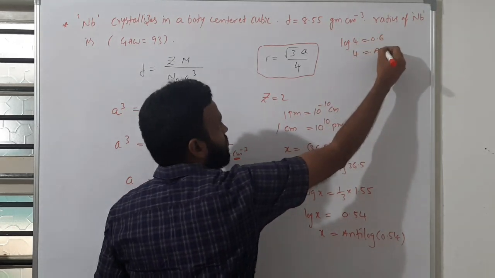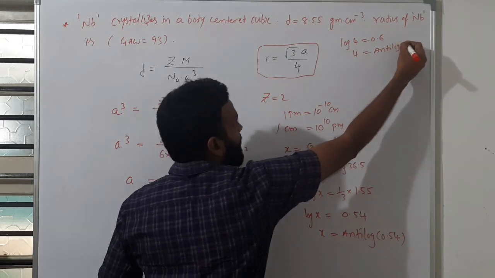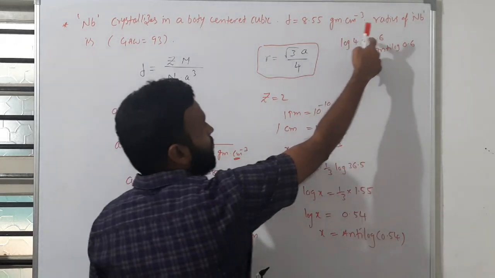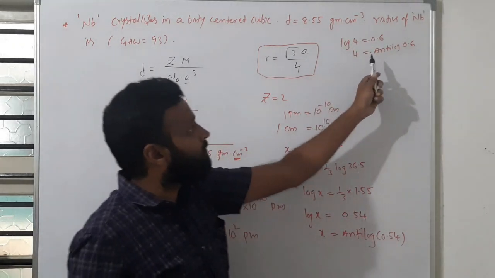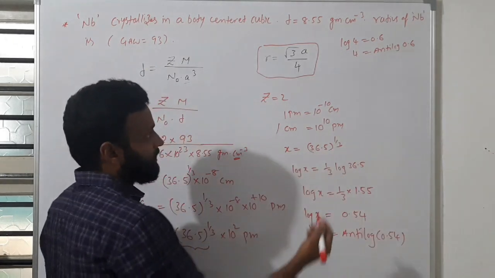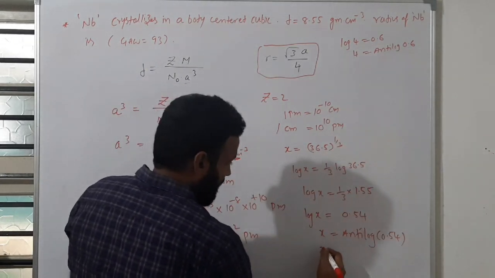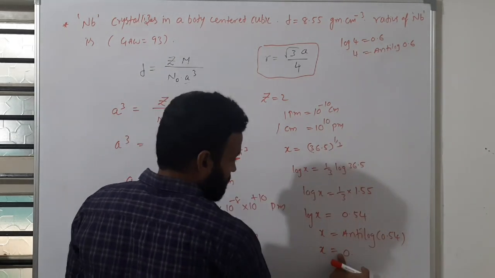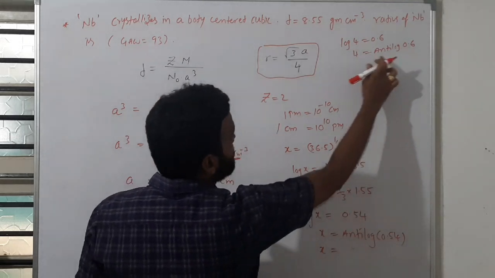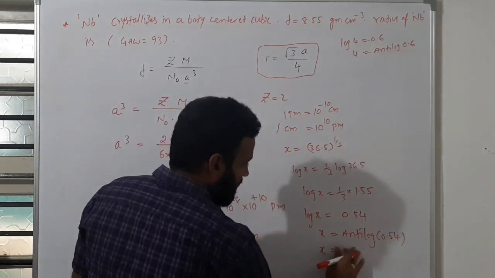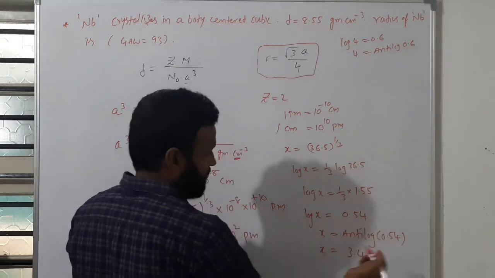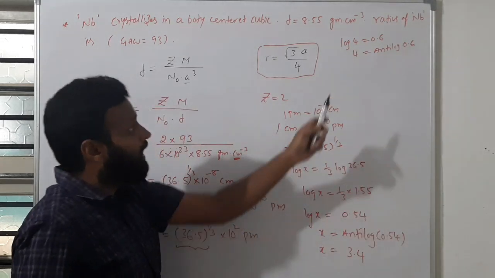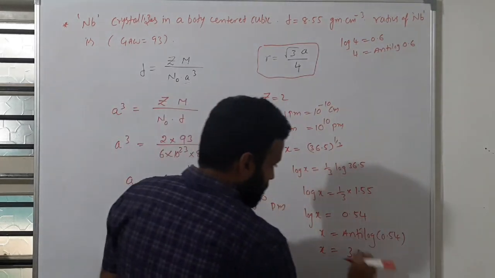So 4 is equal to anti-log of 0.6. Anti-logarithms will be given. So log 4 value is 0.6, and 4 is equal to anti-log of 0.6. So I will get something like 3.4 something, because it is 0.54 only, while 0.6024 is for 4. So it is 3.4 something.